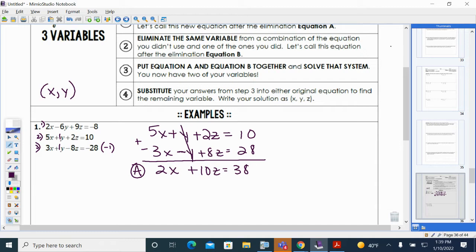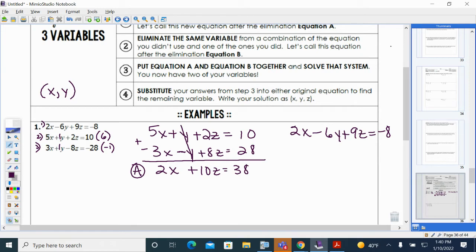But because I did not use equation number 1 to start, I have to use equation number 1 now. I'm going to keep equation number 1 as it is. And I'm going to use equation number 2, and I'm going to multiply equation number 2 by a 6 so that the y's will eliminate.